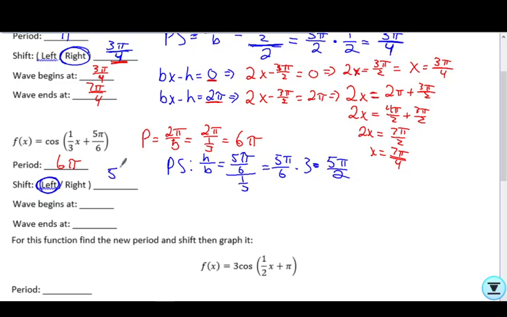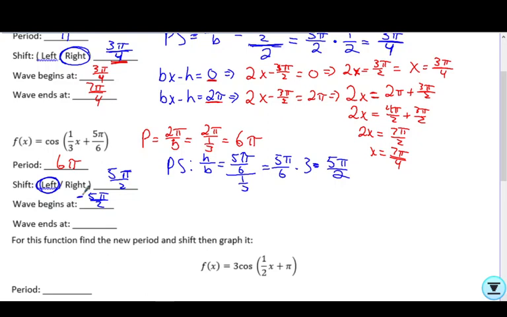So we're shifting to the left 5 pi over 2. Now, basically, that is our start. That's where our wave begins. We know that it's beginning at negative 5 pi over 2 because we're moving to the left. It was at 0. Since we're moving left 5 pi over 2, it's going to start at negative 5 pi over 2.